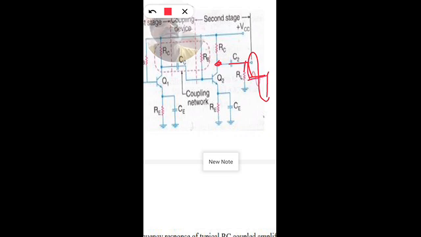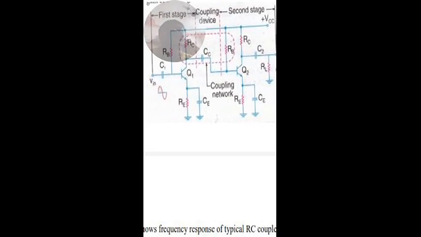The amplified signal is obtained across the load. So we have maximum current flowing through the load, and a large voltage drop across RL. This is how the two-stage RC coupled amplifier works.